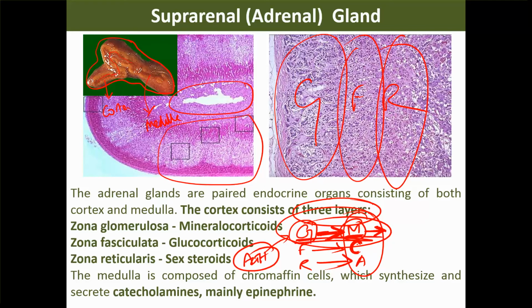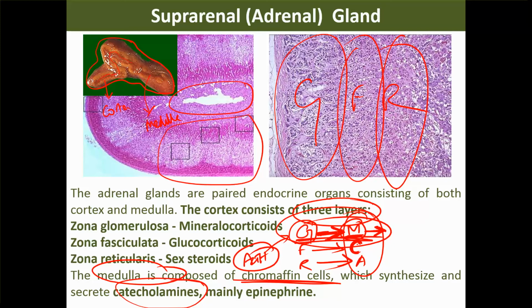GFR: glomerulosa, fasciculata, reticularis. Glomerulosa secretes something which helps us maintain the vitals, like GM and cars. Glomerulosa, mineralocorticoids; fasciculata, cortisol; reticularis, androgens, sex steroids. And the medulla is made up of chromaffin cells, and they secrete catecholamines.